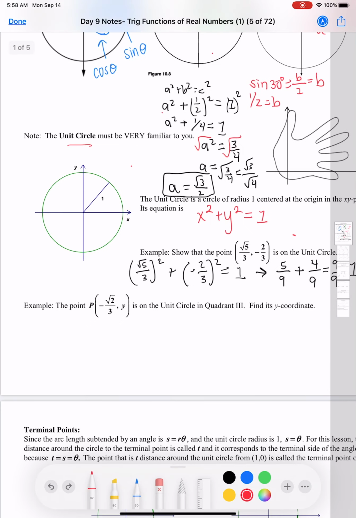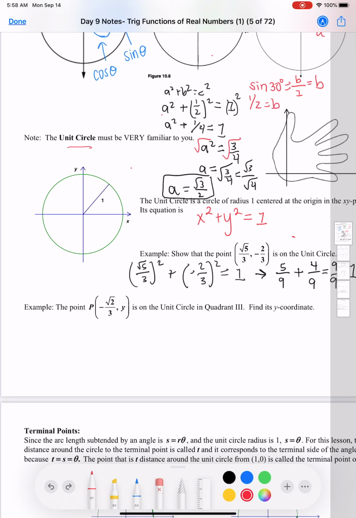All right. Let's do another one. We are given a point, and we know it's in quadrant 3, and we're going to find its y coordinate. Okay, so first off, guys, just a little recap. Looking at this unit circle, we say quadrants as we go counterclockwise, just like we do when talking about positive angle measures in the unit circle.